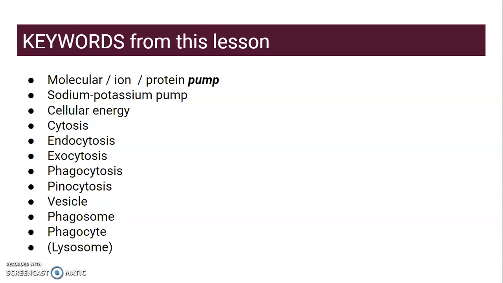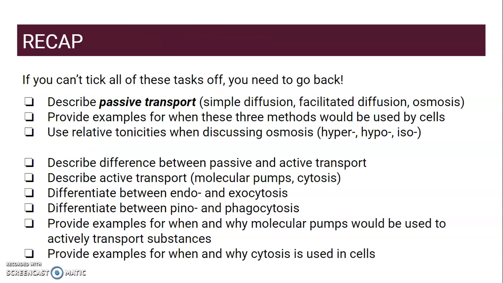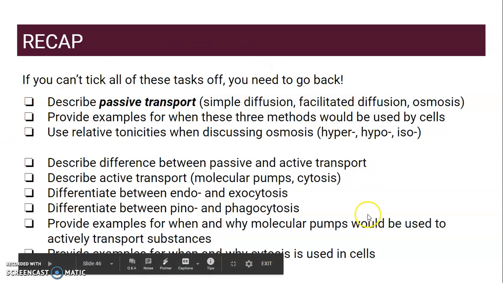And a phagocyte is a white blood cell whose whole job is to do this process, and it uses lysosomes to do so, which are full of enzymes. So those are some keywords that you should be able to confidently use. Again, recapping everything that you should be able to do at the end of this lesson, as kind of a whole topic so far recap, because we need to move on.